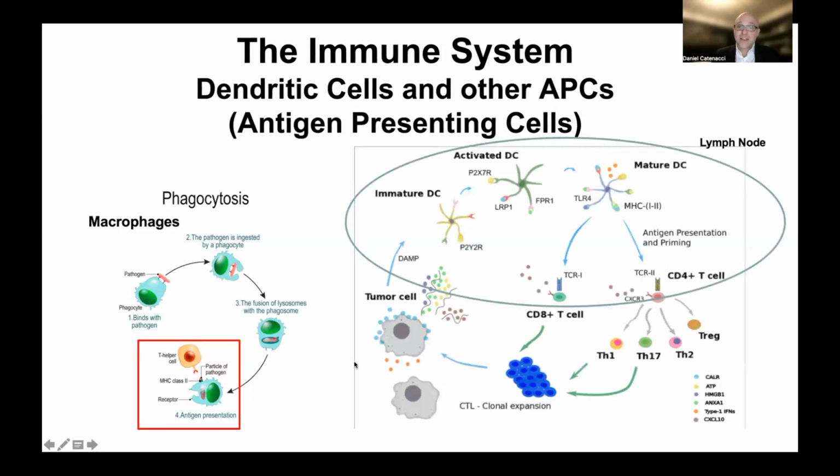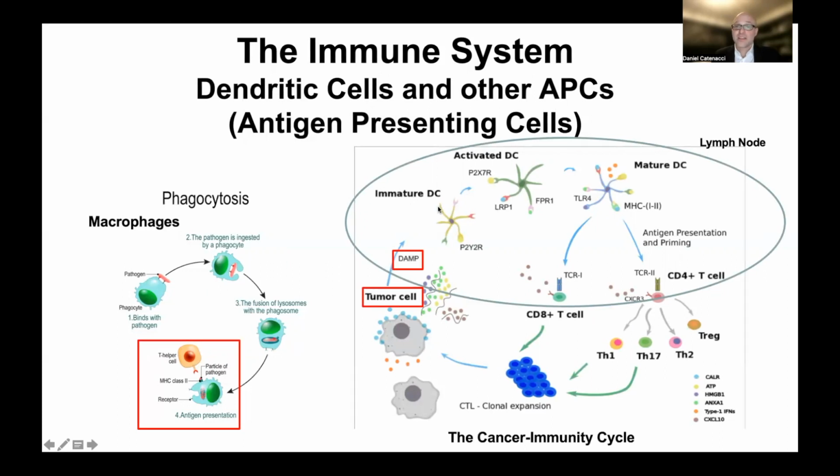So this is now the introduction of the cancer immunity cycle, where we start with tumor cells in the place where they started or in metastatic sites. And as they turn over and die, they release those DAMPs, damage-associated particles, and they can travel through the lymph system to lymph nodes, where in the lymph nodes there are an important cell called dendritic cells.